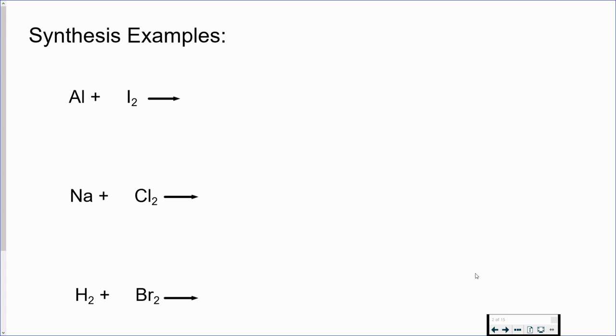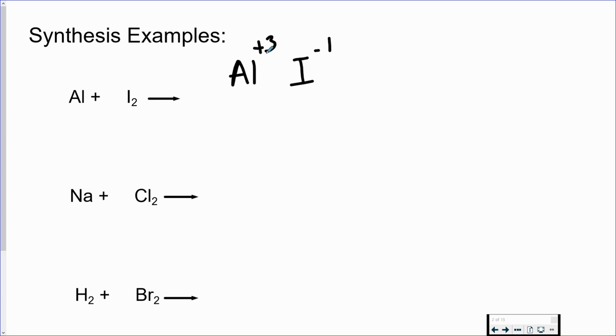Our first example is aluminum plus iodine. On the product side, you need to remember your rules when making formulas. So on this side, you will cross charges. Aluminum has a +3 charge, I has a -1 charge. You're going to predict the product first and then worry about balancing last.